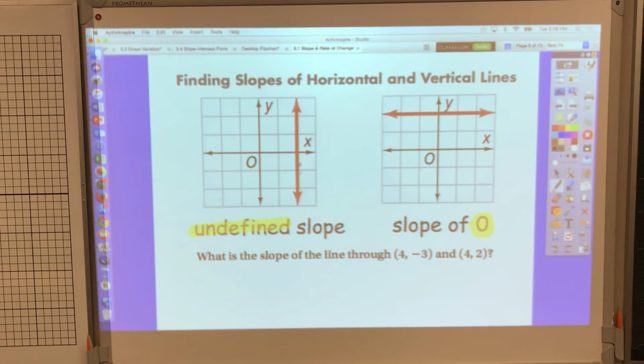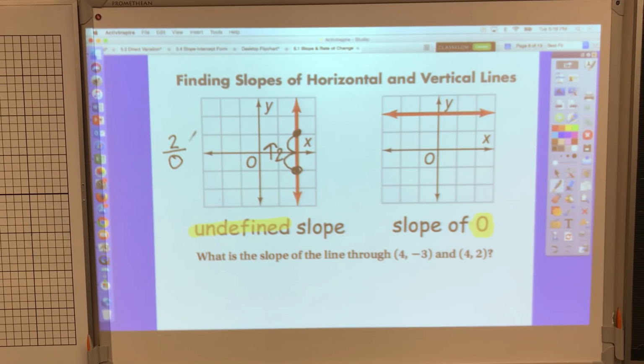If we were to look at this line, okay, there's infinitely many points on a line. So if I put a point right here and a point right here, to do my rise and my run, okay, I can find a rise by going up 2, which would be the top number in my slope formula, but there is nothing to go over, so I end up having a run of 0.